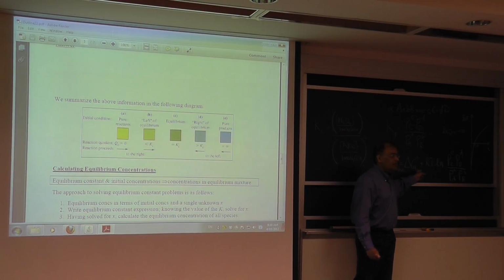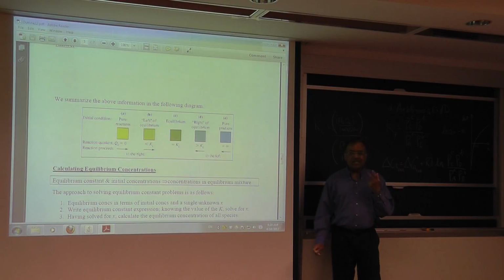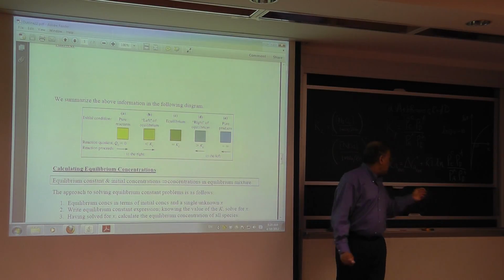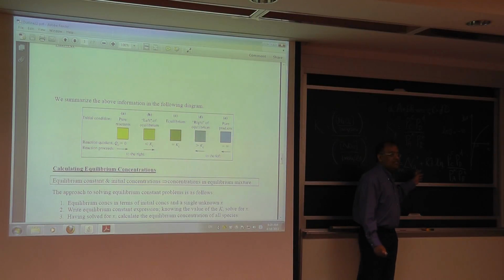Even if the reaction is very, very unfavorable, some amount of reactants are always going to form products. But the amount of product that's going to be formed at equilibrium is going to be very, very small if delta G naught of the reaction is a very large positive value.